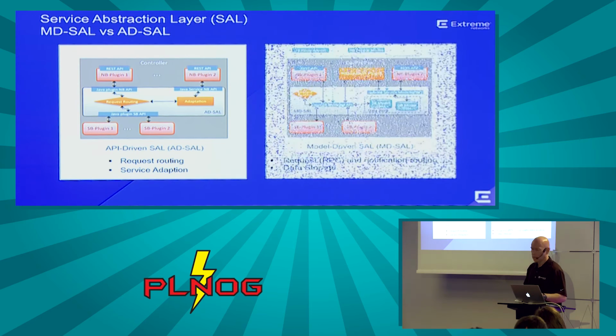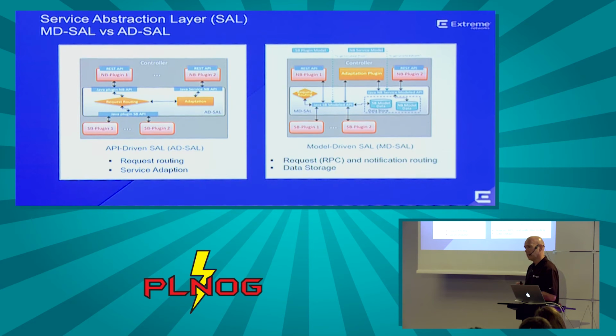Now, if we compare that one to the MDSAL, as you can see, this is getting a bit more complicated now. So you have the same thing, you have a southbound plugin and a northbound plugin. But as you can see, you don't really have any request routing here. You do have some kind of an API, southbound, northbound, then you have a data store.